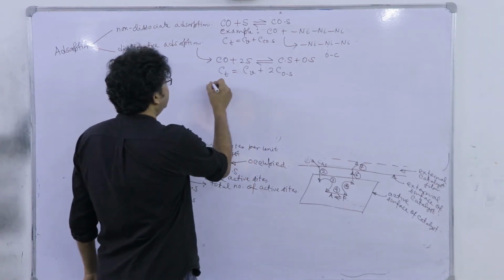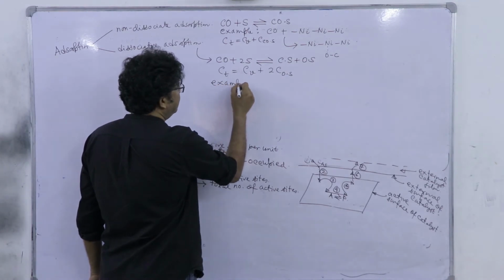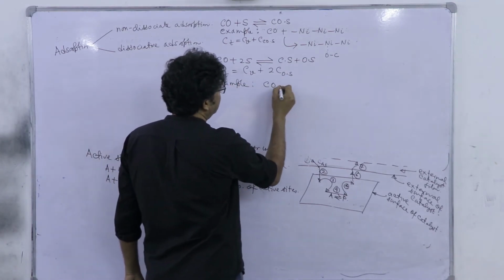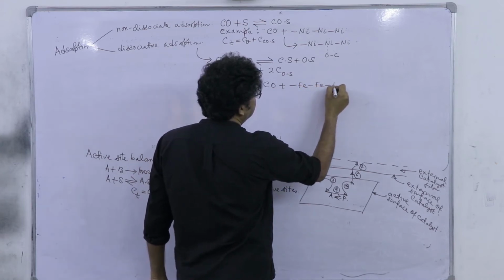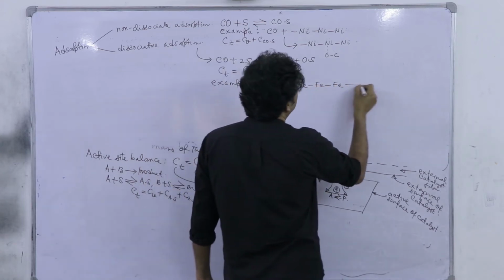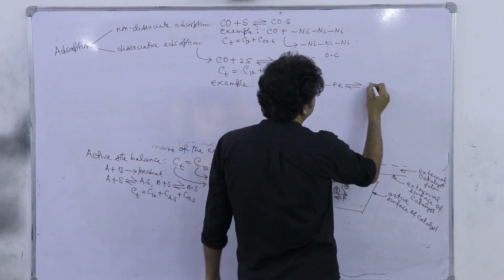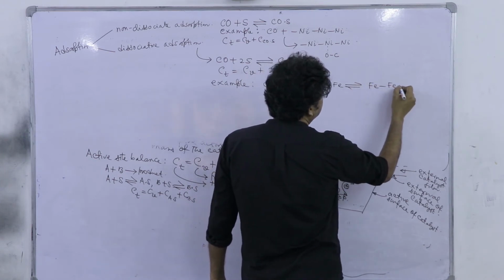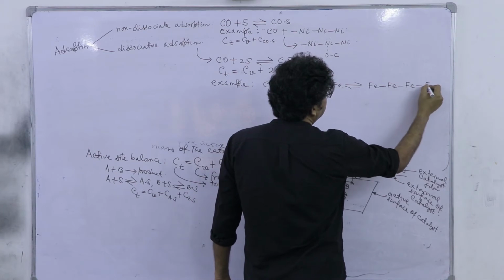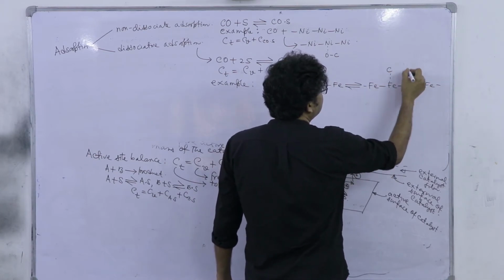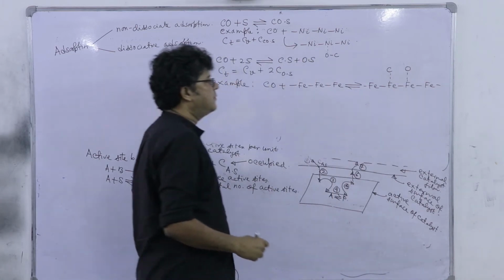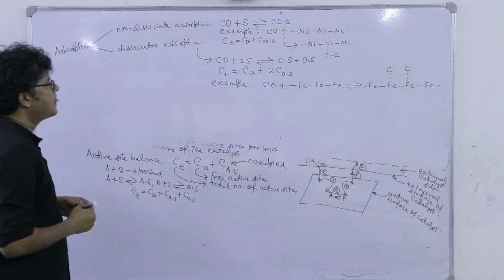So here the example is the adsorption of carbon monoxide again on Rn catalyst. What will be the reaction? So it will be adsorbed. Here we will have the C, here we will have the O. So this is a dissociative adsorption, right?